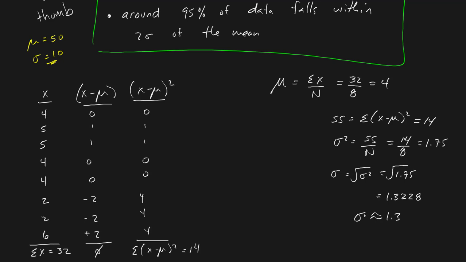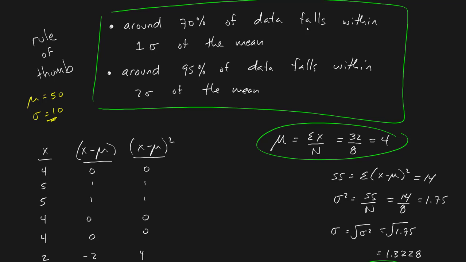Okay, so now we do have everything we need. We know that the mean is 4 and the standard deviation is 1.3. What I should find is that 70% of my scores, according to my rule, fall within 1 standard deviation of the mean. So that means that if I did the mean minus a standard deviation, all the way up to the mean plus 1 standard deviation, I should find 70% of my observations fall within this range.